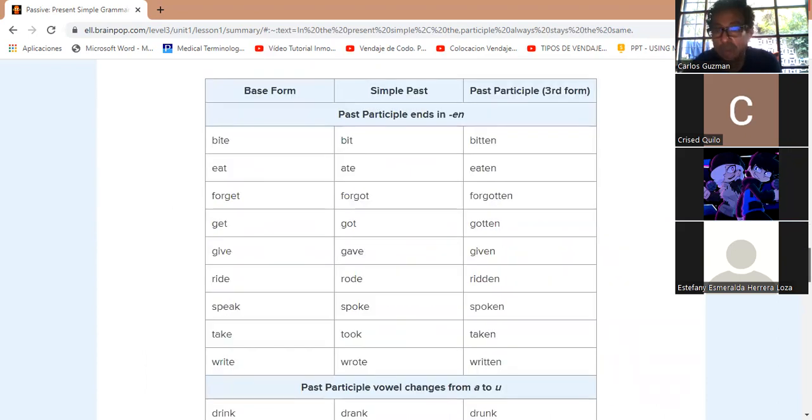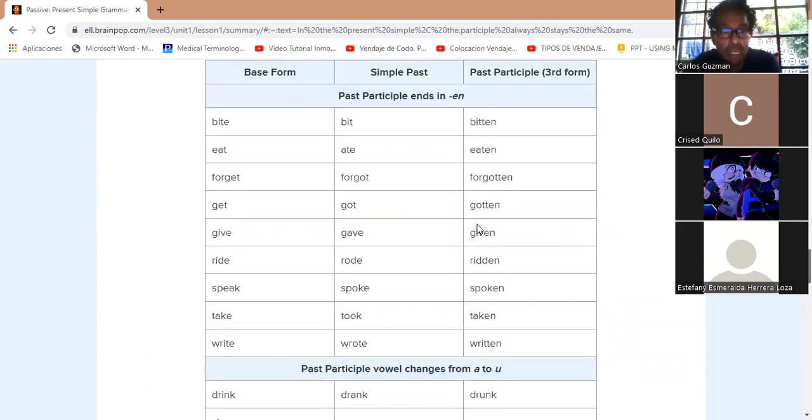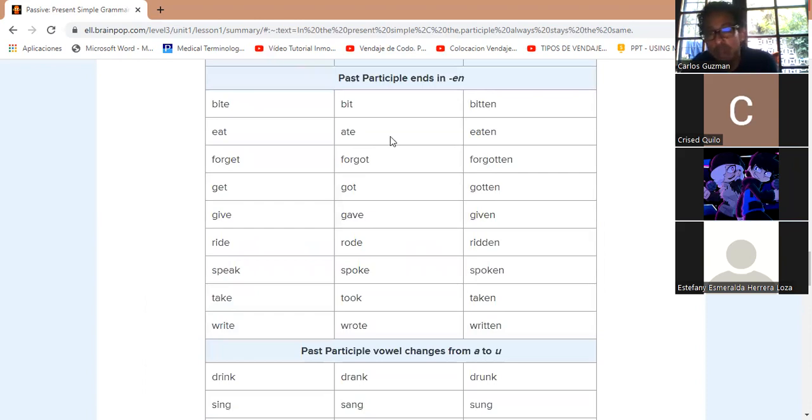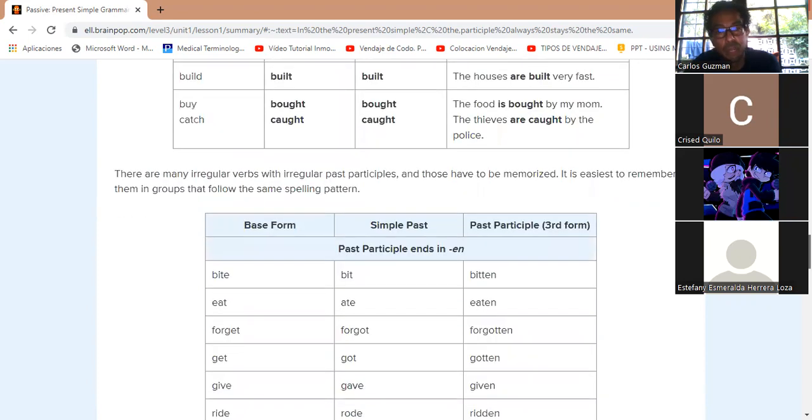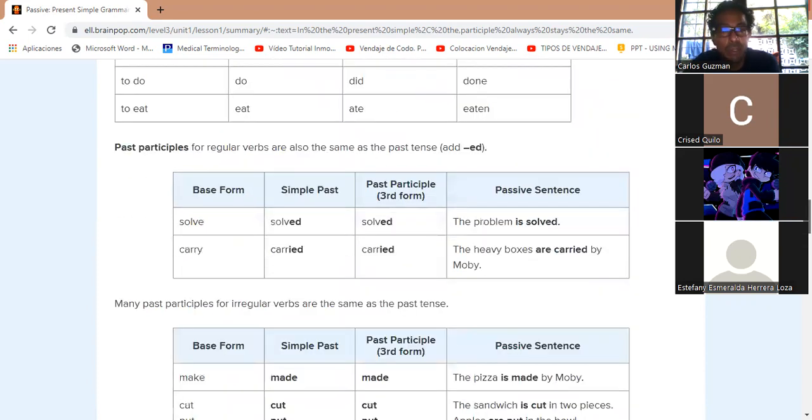And you guys know a few of them already, I'm sure. Like eat, ate in the simple past, eaten in the past participle, right? Forgot, forgotten, right? Gave, given, rode, ridden. So that's a little challenging, but you guys have to try to memorize them little by little.